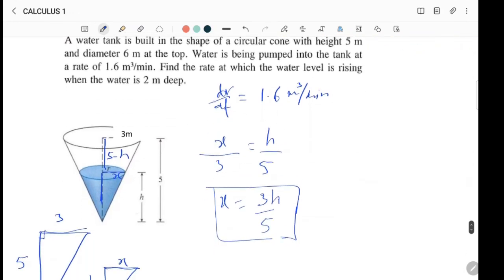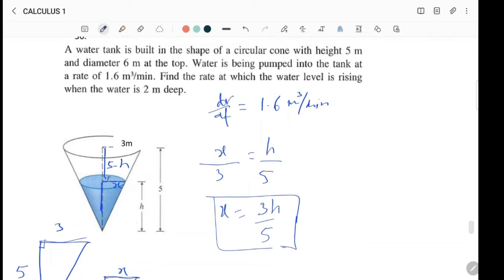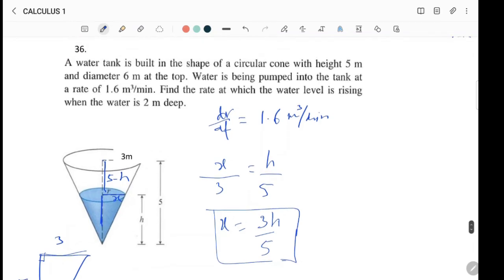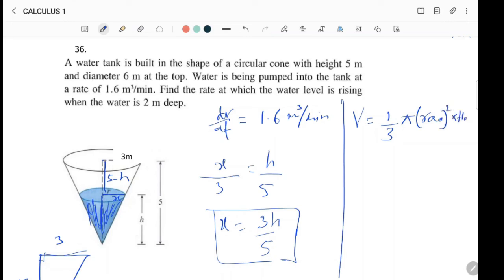Now water is being pumped into the tank at the rate. So what's the volume of, this is the water, right? Here is the water. So what's the volume of water guys? It will be in terms of cone. So volume of cone is 1 over 3 pi r square h.